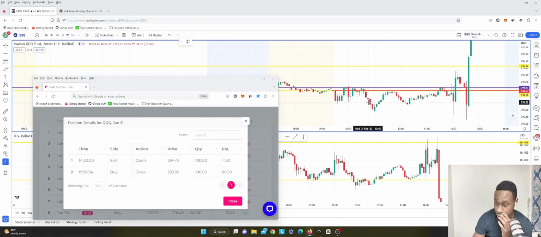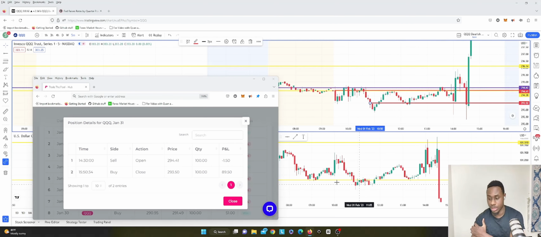So at 10, on the 10:50 candle, so this candle, I hit my take profit at 29350. Okay. So I entered here to the sell side, took my profits here. And I can show you it as well on the dollar.